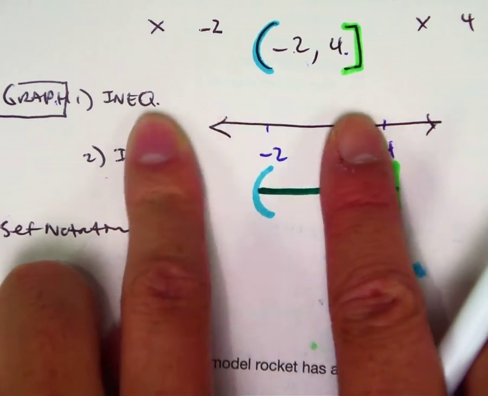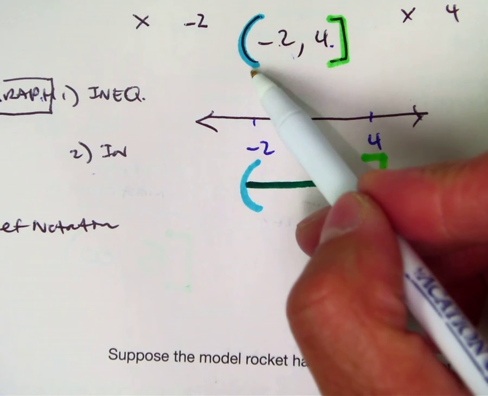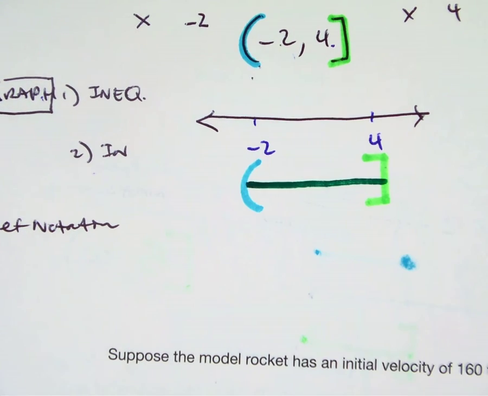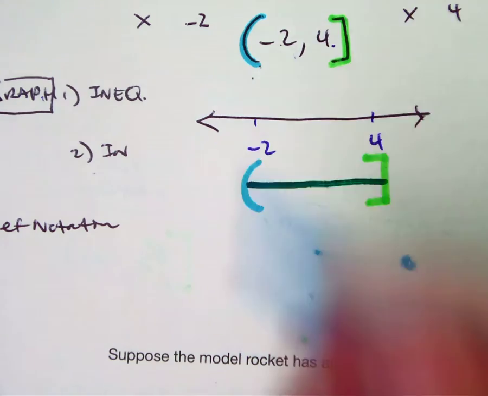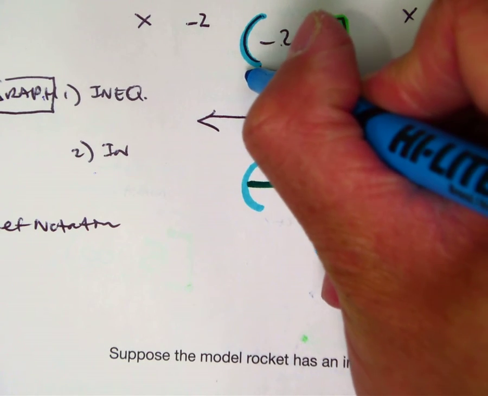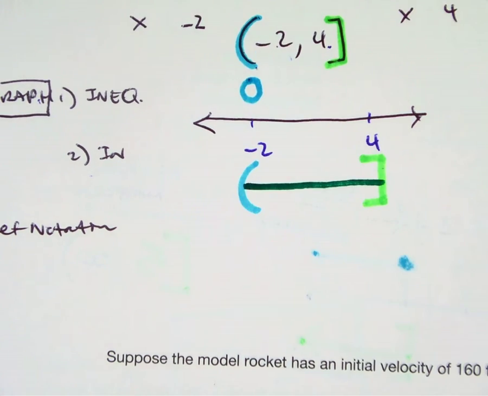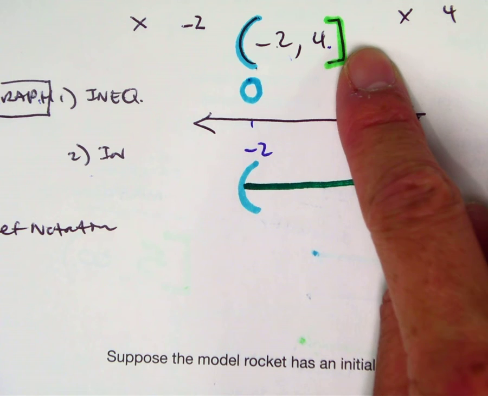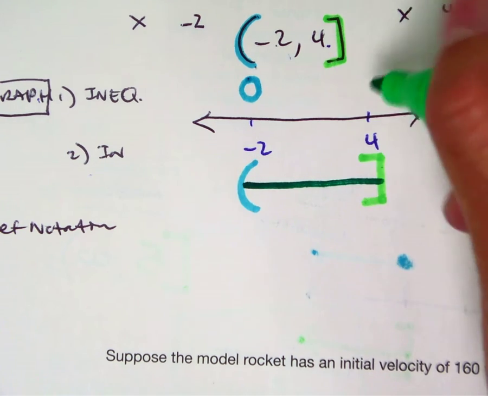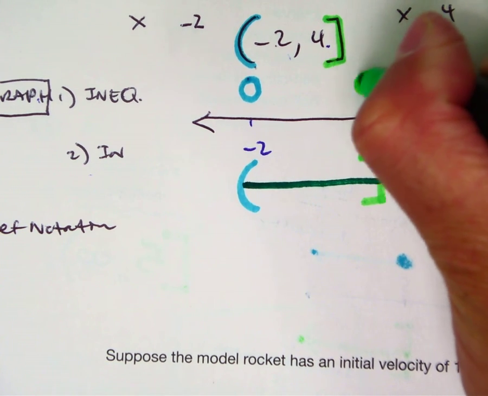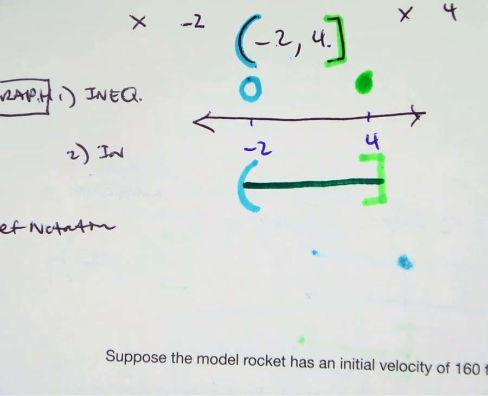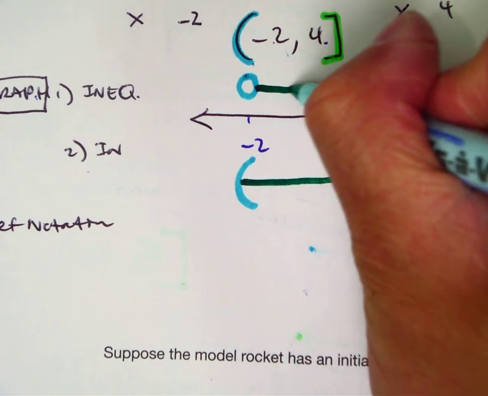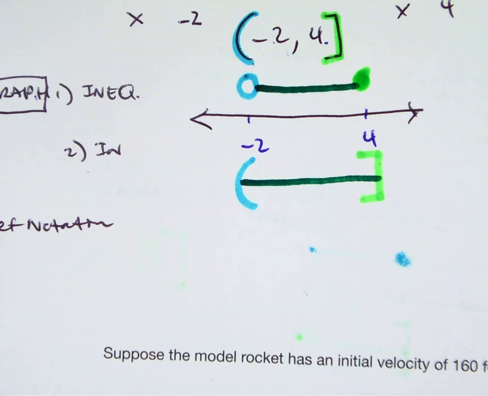Let's do a graph for the inequality. Class, a parentheses is what kind of a circle? Open or closed? Open. It means don't include that as a solution. How about a bracket? Open or closed? So this is a visual of all the solutions.